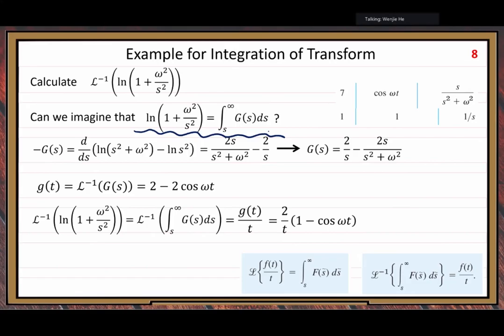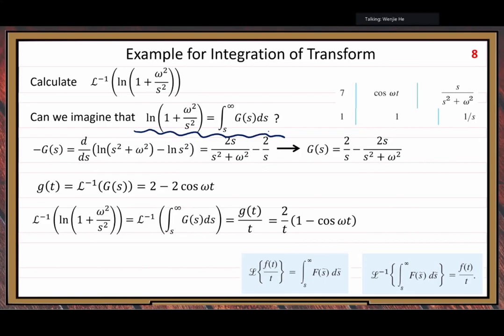All right, so this example. But the first step is important. First step, you need to have some experience. How do you know? One thing you know, the derivative of this function, after you take the derivative of this natural log function, the natural log is gone. So this property, you know it. So if we want to remove the natural log, we should take the derivative of this function.